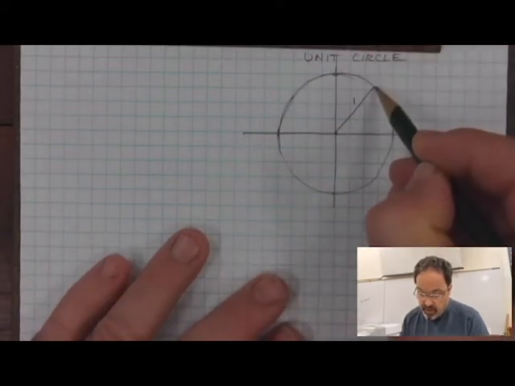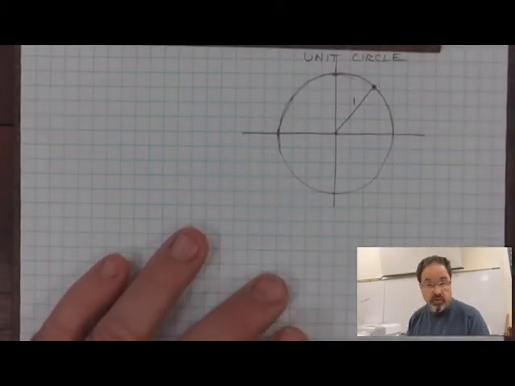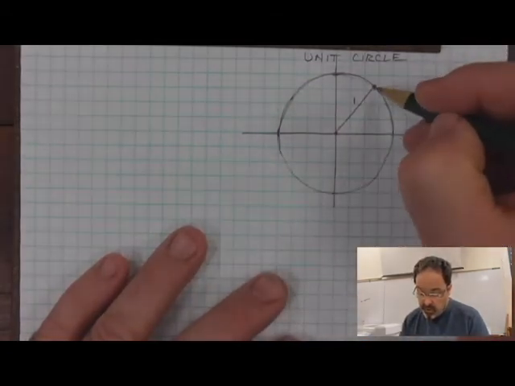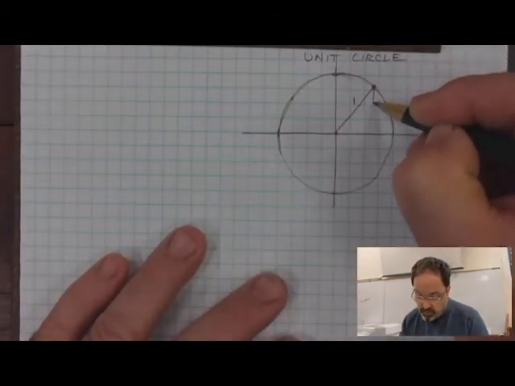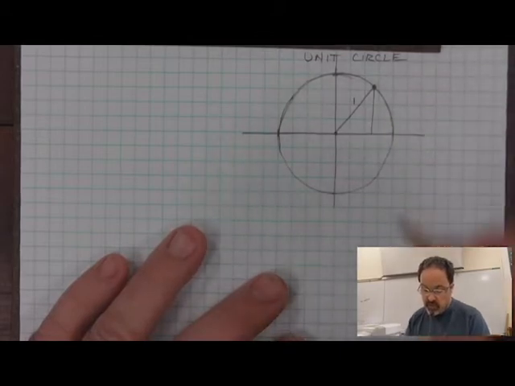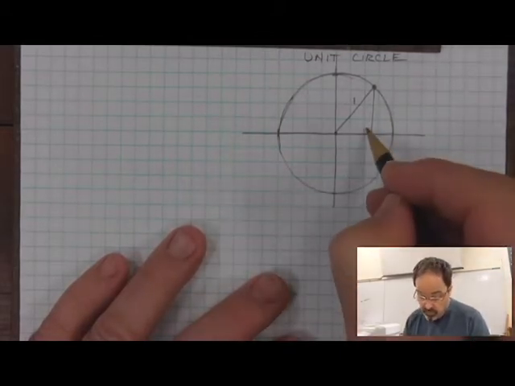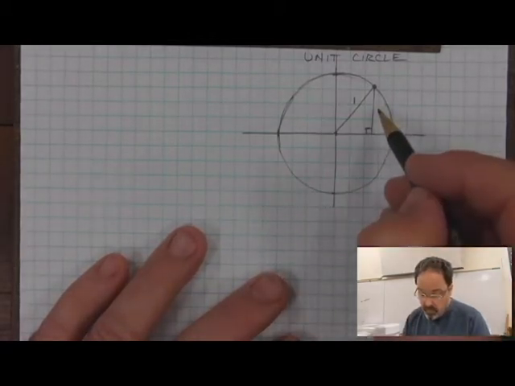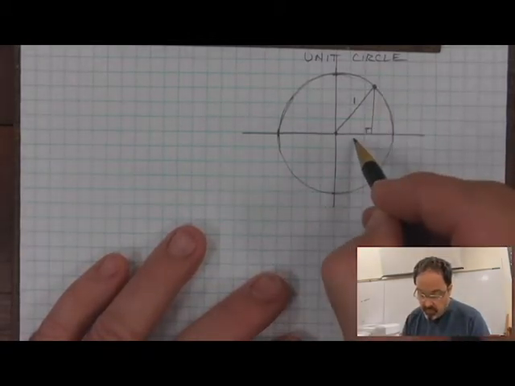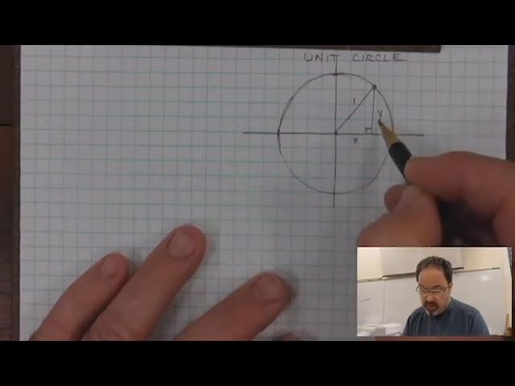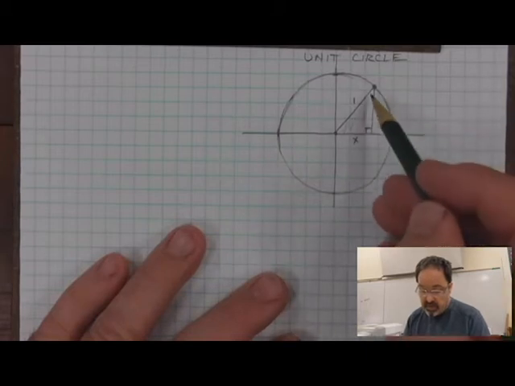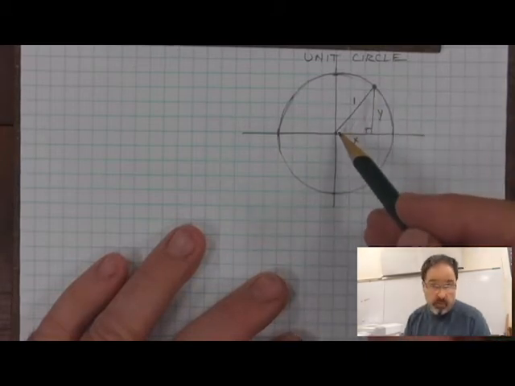We can imagine any point on this circle, and anywhere this point is on this circle, we can draw a line perpendicular to the horizontal axis, which creates a right triangle. The legs of this right triangle are the coordinates of the point x, y, and the hypotenuse, because this is a unit circle, is the radius of 1.